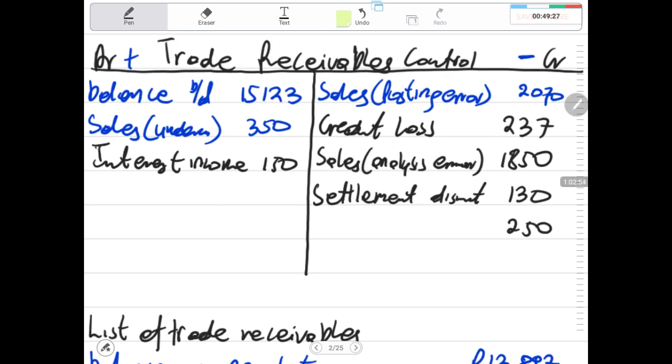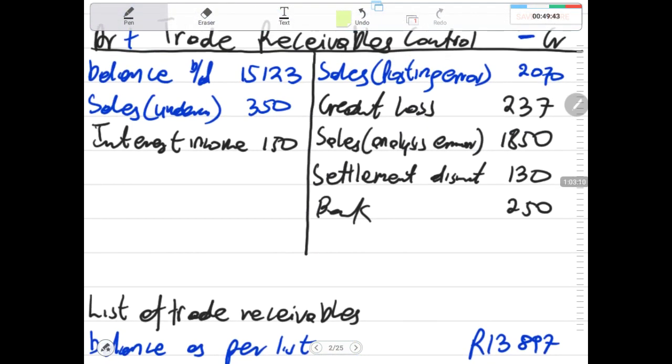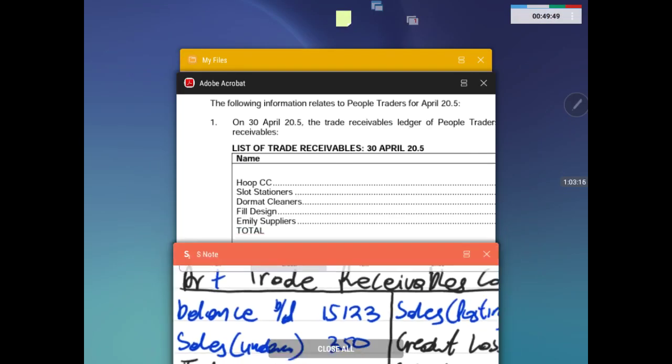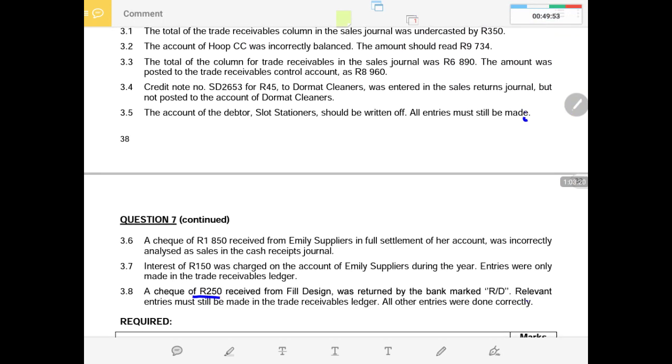So we need to record this here as bank, indicating that money was received. Then after, under list of debtors, we say minus 250. But in this case, we don't have to record here because I've done it already in the list of debtors. So now in this case, we would have done that immediately when the check was received. And this is what we're supposed to have done when a check is received from the customer in payment of his account. Now let's read further.